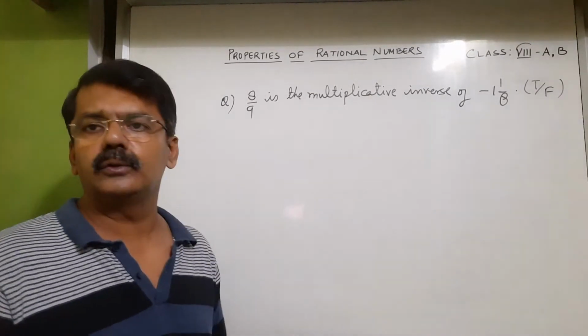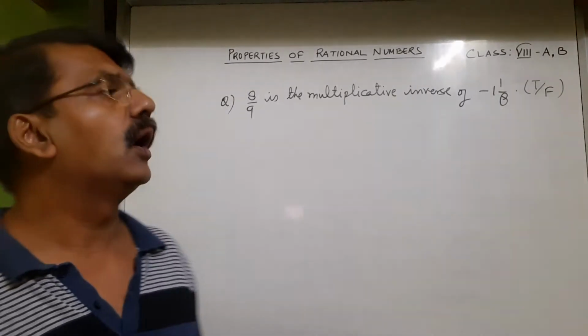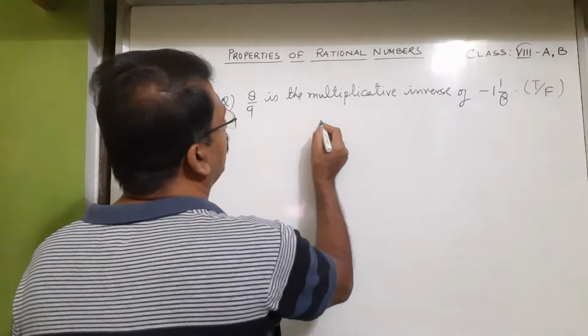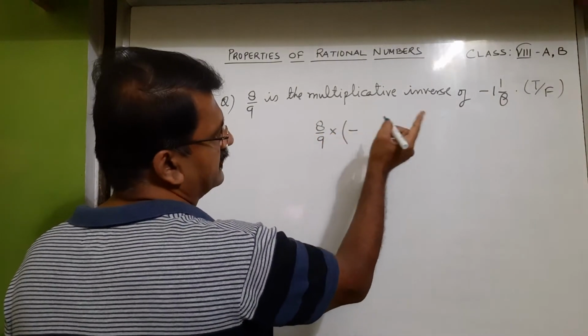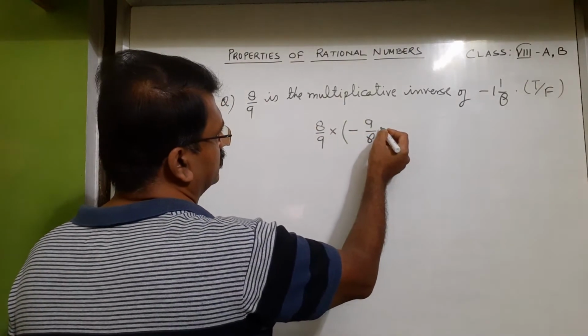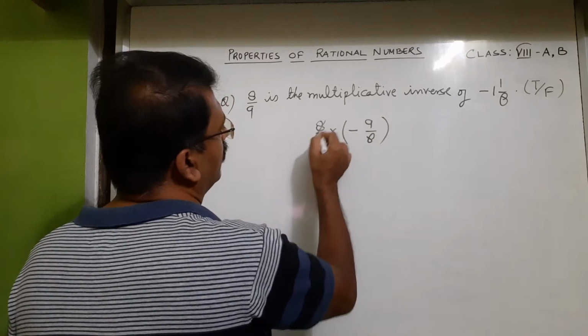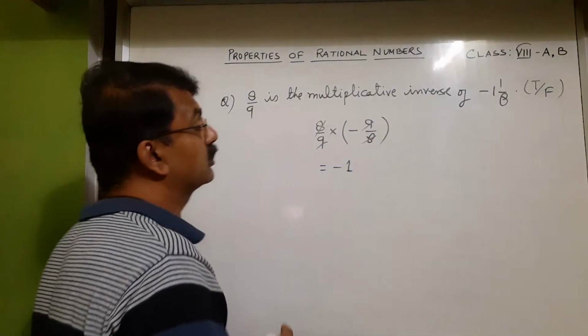So I told you, whenever you multiply a number with its multiplicative inverse, the result has to be 1. So 8 by 9 multiplied by minus 9 by 8. When you multiply, you see the answer is minus 1. But I told you the answer should be 1.